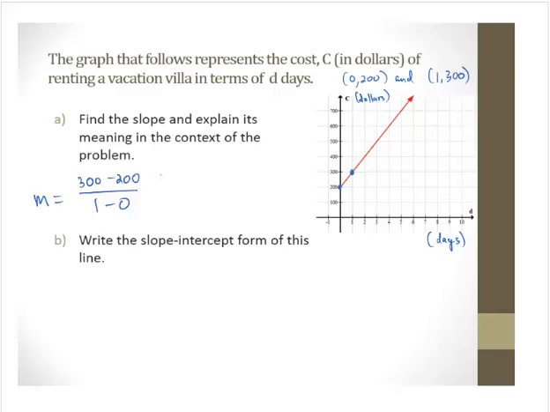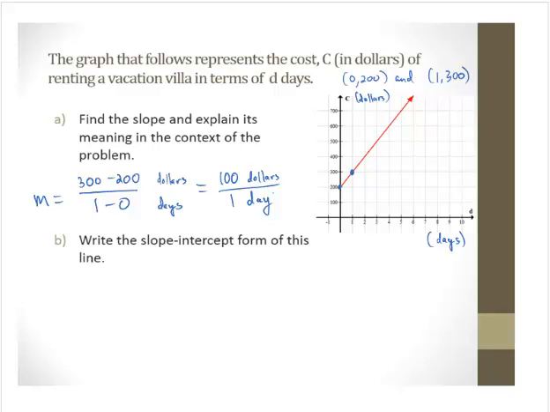So 300 minus 200, these are dollars, days. So we have $100, 1 day.